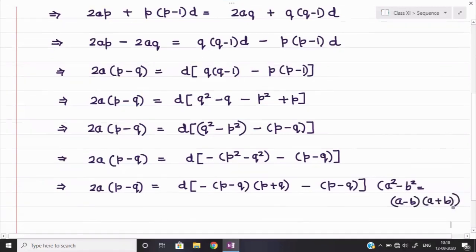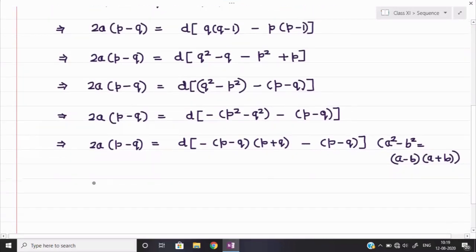The left hand side I am keeping as it is: 2a into (p minus q). Here I am taking p minus q common, so p minus q is common. The remaining is minus sign of (p plus q), and then minus 1 will remain, right?